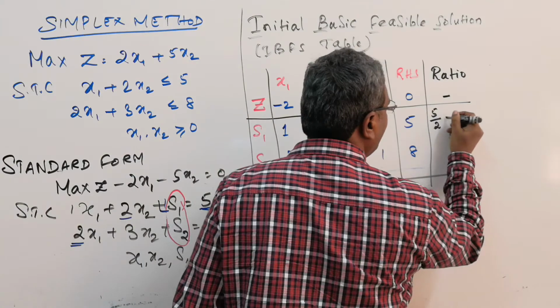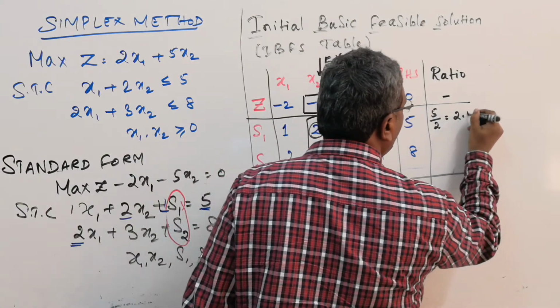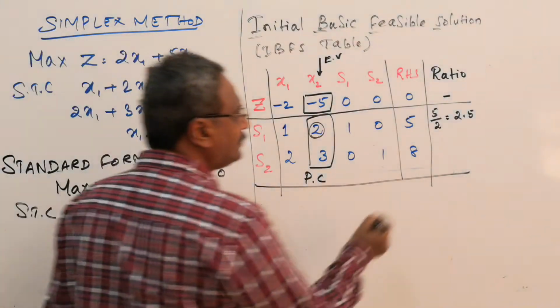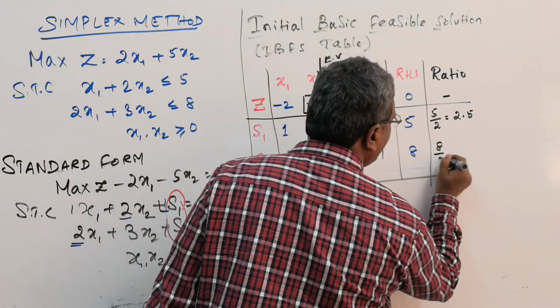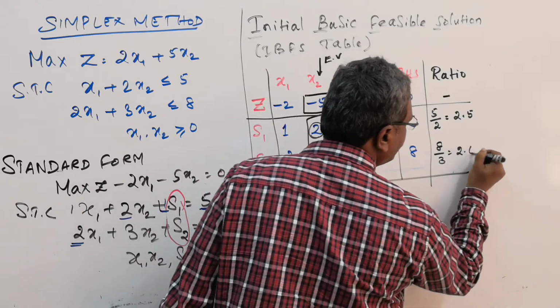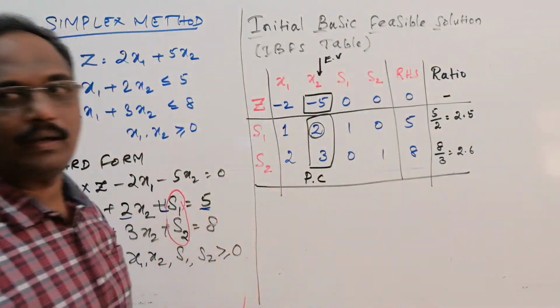So 5 divided by 2, this is 2.5. Next I am going to take the next value. This is 8 divided by 3, this is 2.6.